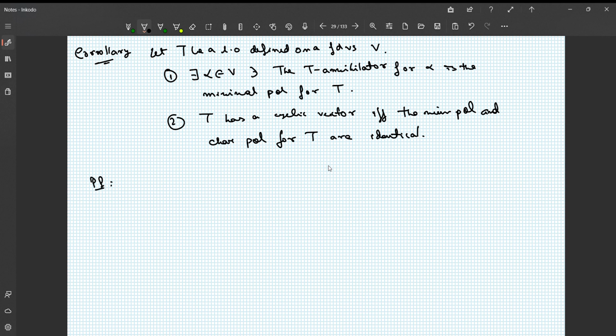Now the first proof is quite a trivial case if you carefully observe. Consider the cyclic decomposition theorem with W naught being the zero subspace.